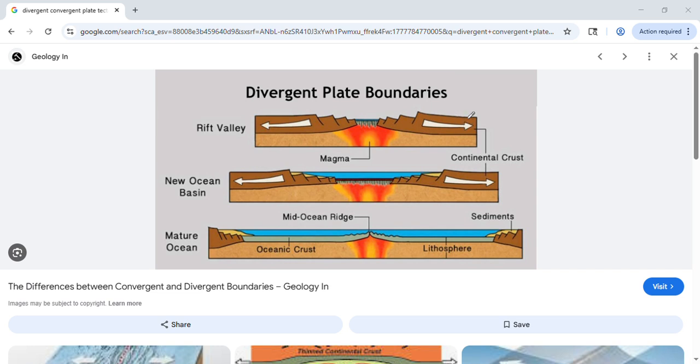Both plates push away from each other, where the seafloor is actively spreading, creating a volcanic ridge on the ocean floor.